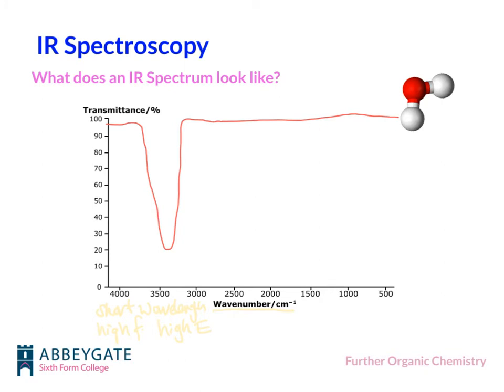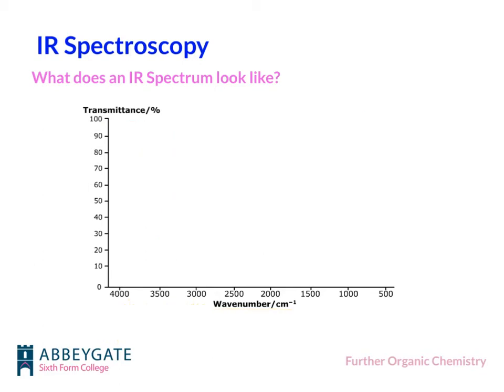This trough, around 3,300, 3,500, is a broad trough. We call it a peak, but it is a trough. It's where we can see that we no longer have 100% transmittance. There's a molecule with bonds that are absorbing energy of that particular frequency, at that wave number.